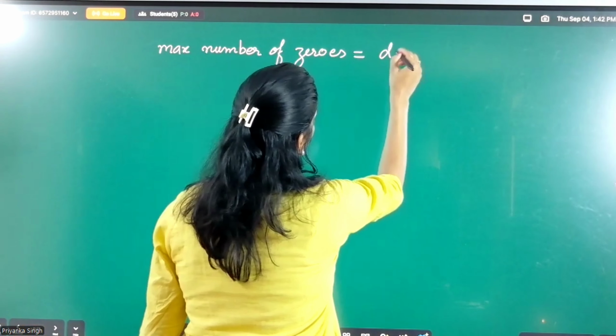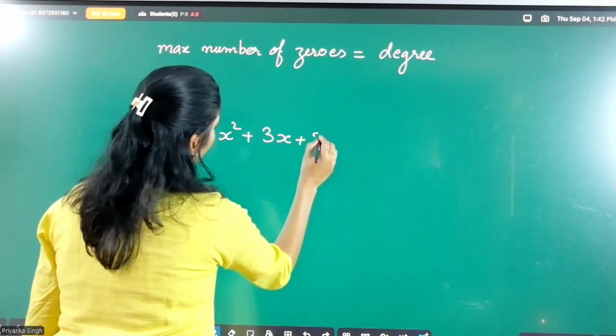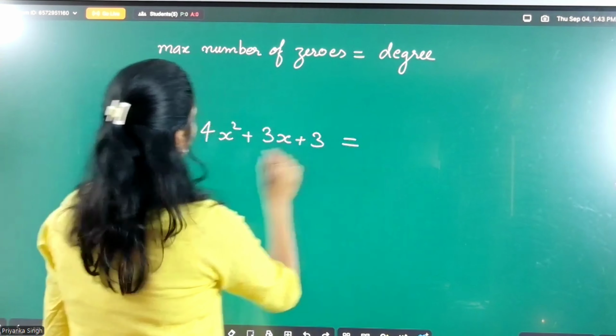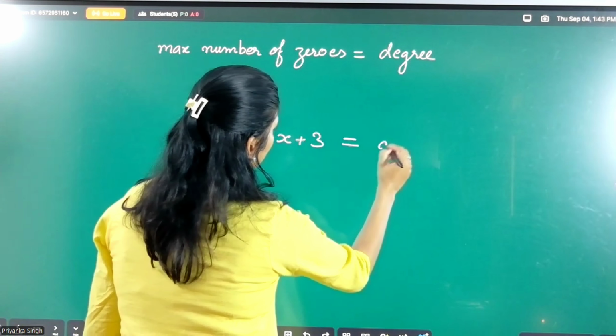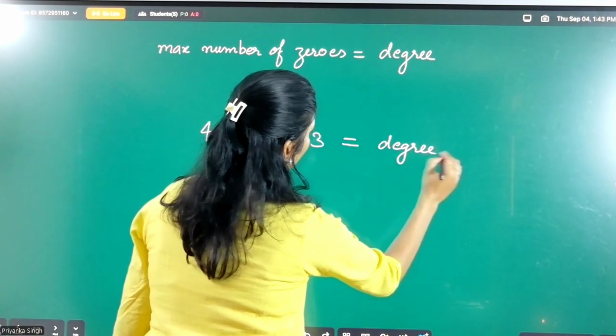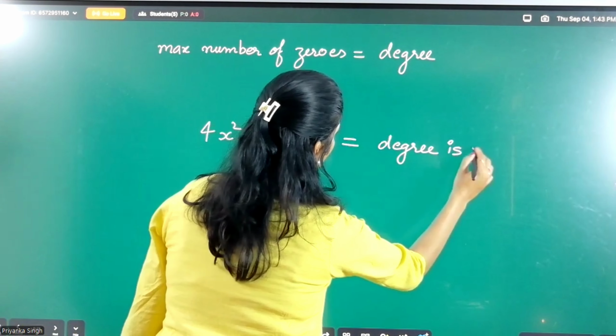For example, if we have a quadratic equation like this, its degree is 2 in this case, right? So for this, the degree is 2.